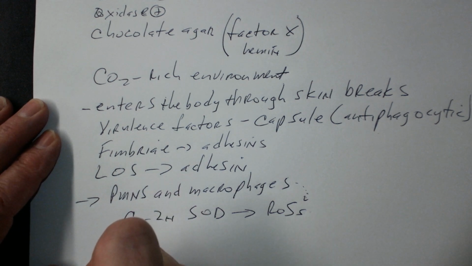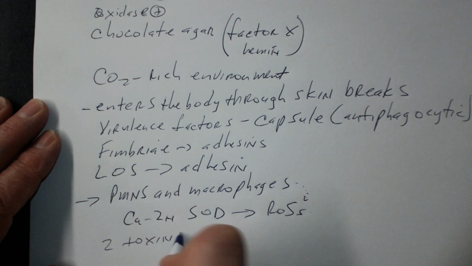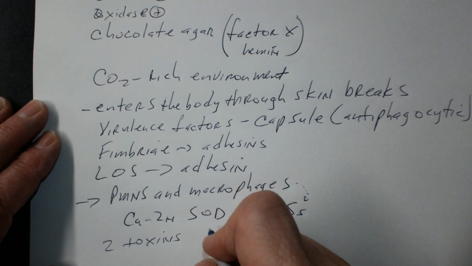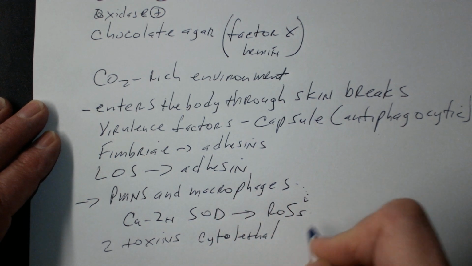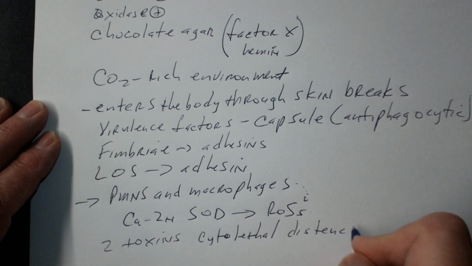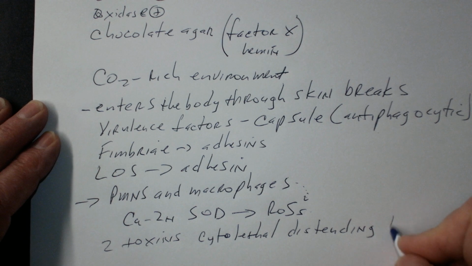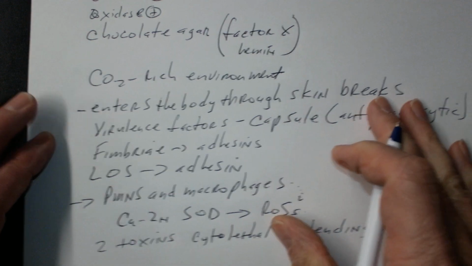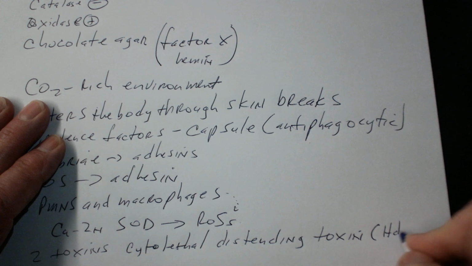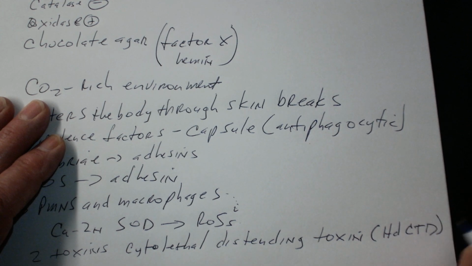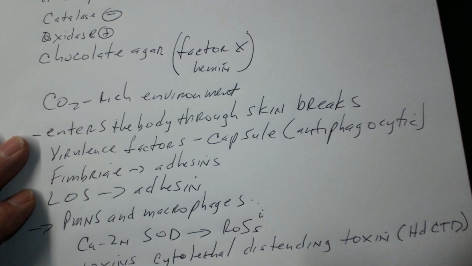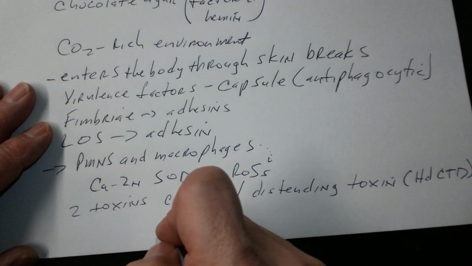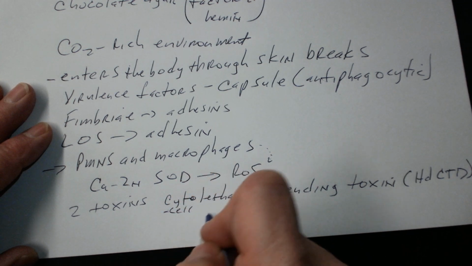Then the organism makes two toxins. So there's the Haemophilus ducreyi cytolethal distending toxin, abbreviated HDCDT. This causes cells to arrest their cell cycle.